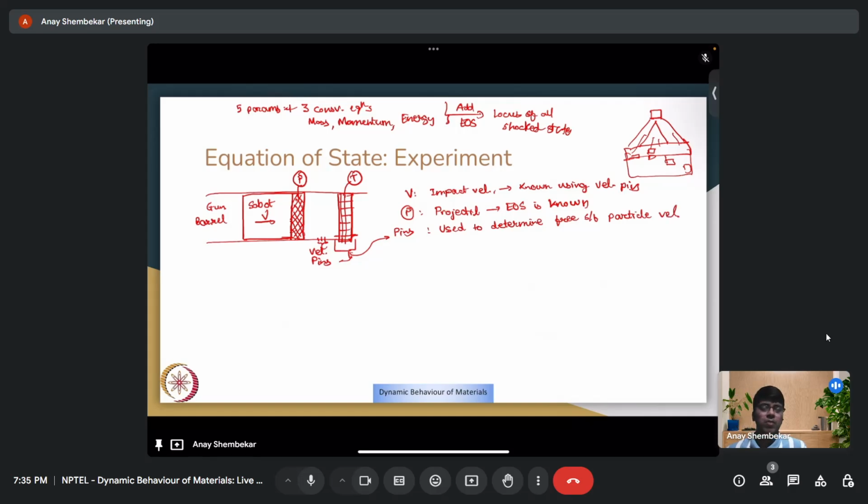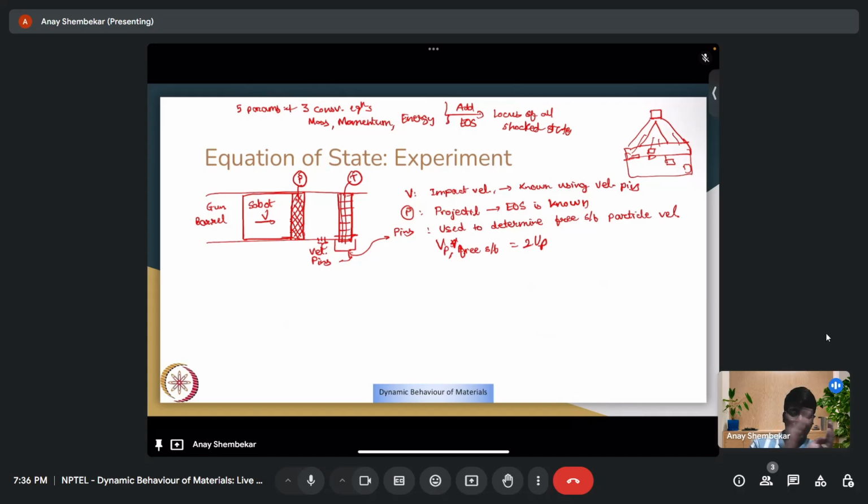I think a couple of lectures ago we already discussed that the particle velocity at the free surface is nothing but twice of UP. This is because when an incident wave hits a free surface, there is also a release wave coming out of it. In both cases, the particle velocity sense is the same.